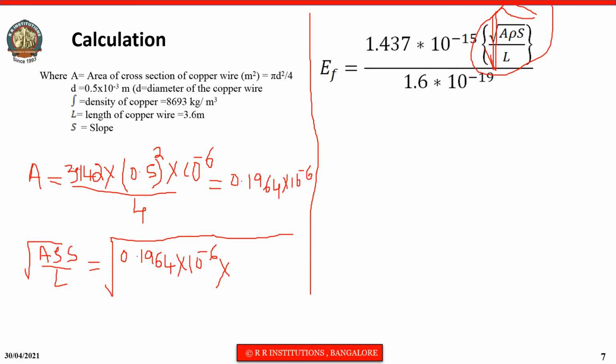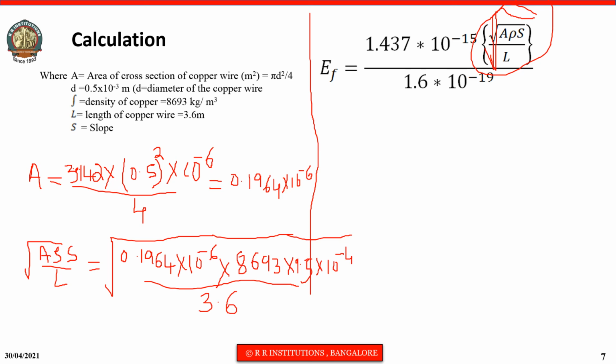Rho is the density, which is 8693, multiplied by slope. Slope already we have calculated, which comes out to be 9.5 into 10 to the power of minus 4, divided by 3.6.